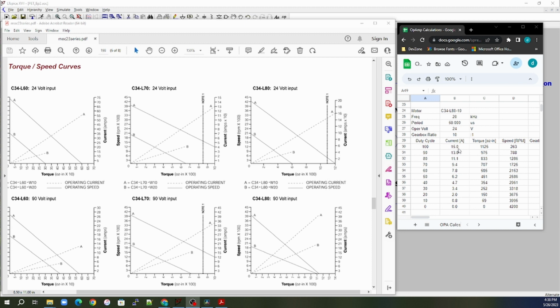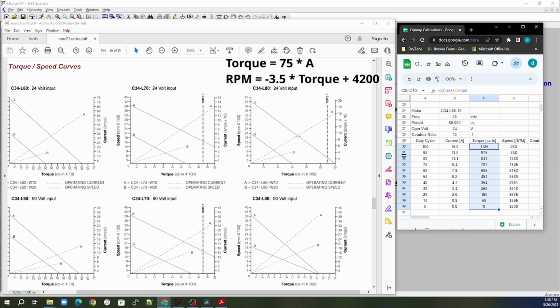I took the current reading that we got, and I established my torque value at that current rating. So I would look at my operating current versus torque. And then after I established how much torque I'm getting at that current, I would then establish what my RPM was at that time. So then, looking at the torque at this value, I would see what my operating speed was at that time.